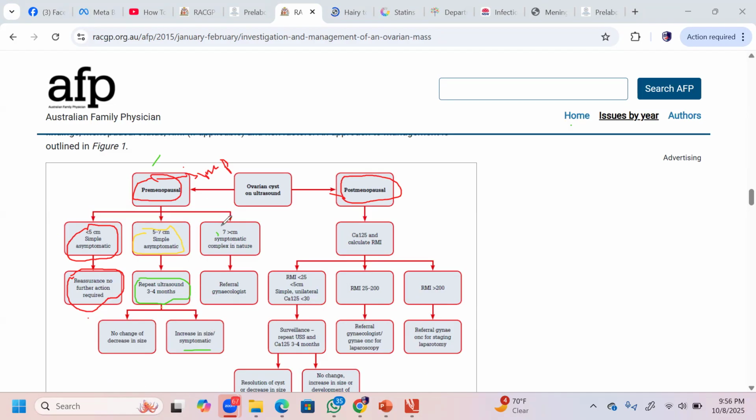Like if size is greater than 7 and the patient is symptomatic, you will refer this patient to a gynecologist. This is how you manage the premenopausal.